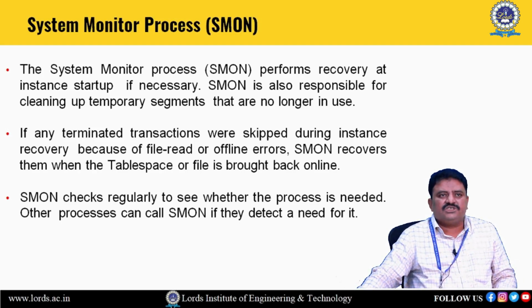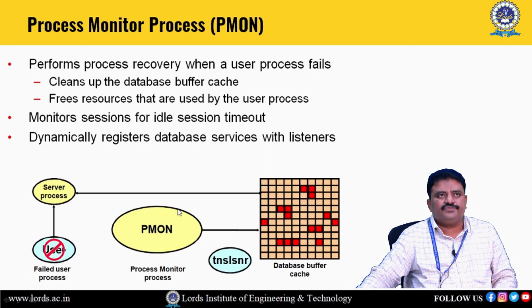SMON checks regularly to see whether it is needed and is called whenever there is some type of recovery. And the process monitor, as I told you, performs process recovery for a specific user. Whenever a user fails, some amount of data is already written to the database buffer cache pertaining to this user, and this has to be recovered.